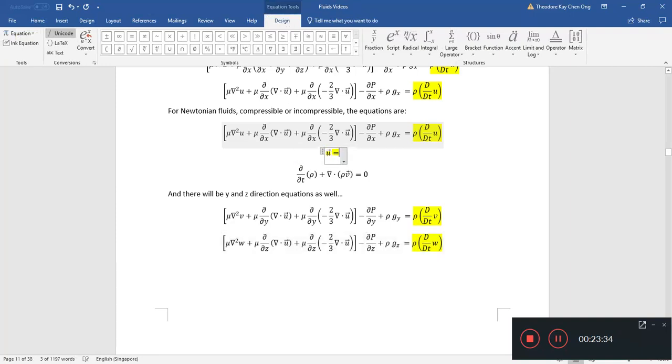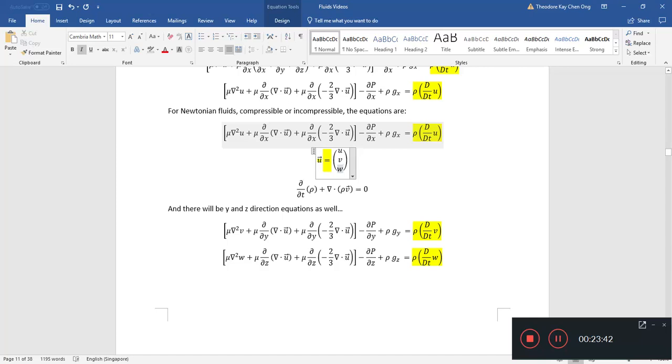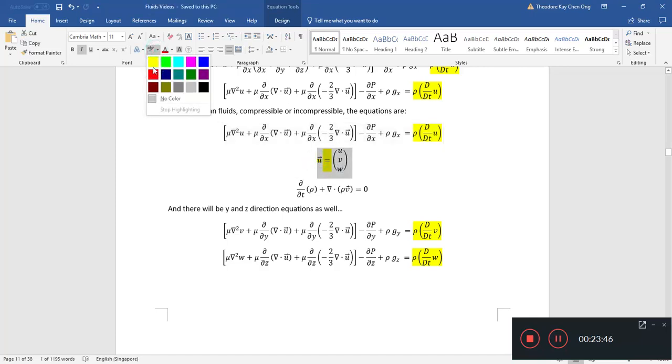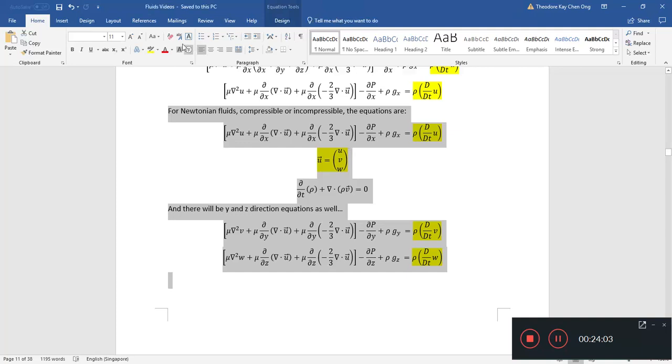U equals u, v, w. So no matter what, you have all these three components in there. So it doesn't change from equation to equation. That's how I remember it. So these are Navier-Stokes for Newtonian fluid. These are the Navier-Stokes. I'm just going to highlight this in green.